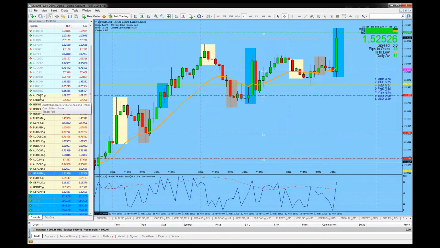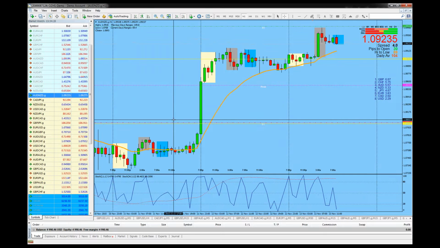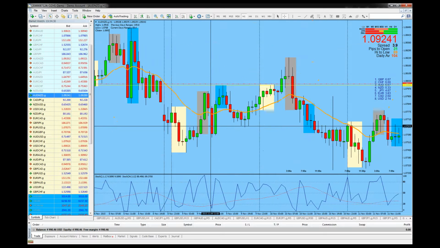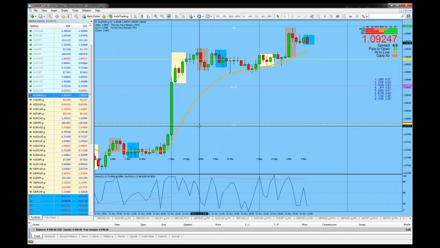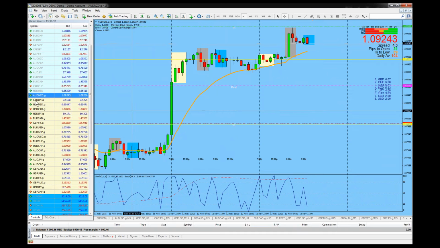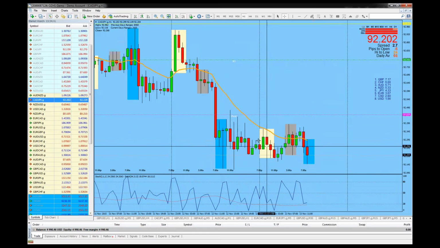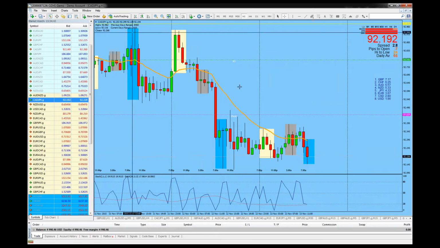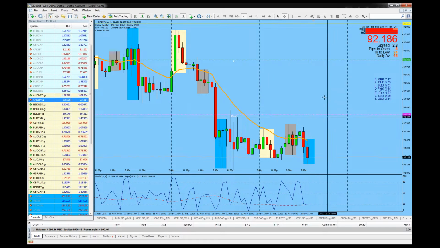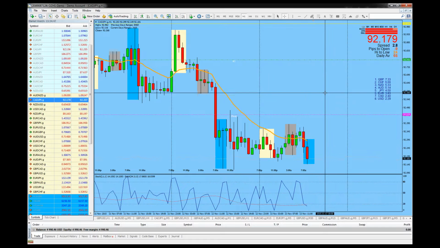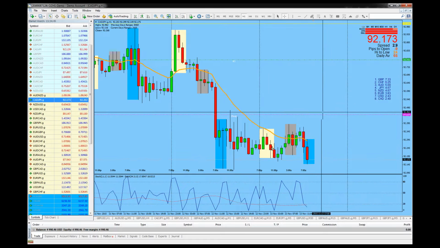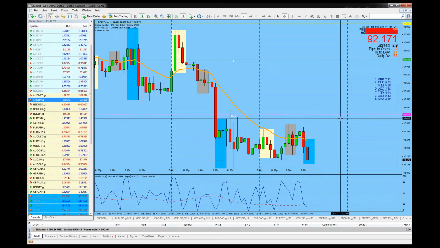Let's see what else is going on. Let me just scan these. I think I marked... oh no, this is a different chart. Nothing there. I'm just looking to see if there's anything really good. We probably need another 10 minutes for it to settle down. This looks good, CAD yen. CAD is down there and yen is just a hair above it, and that explains this chop here.